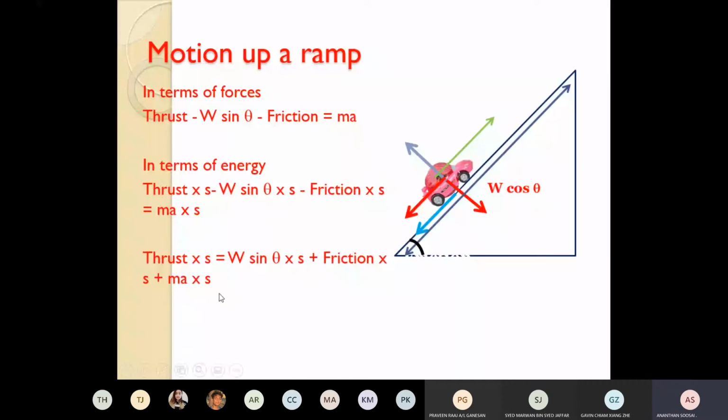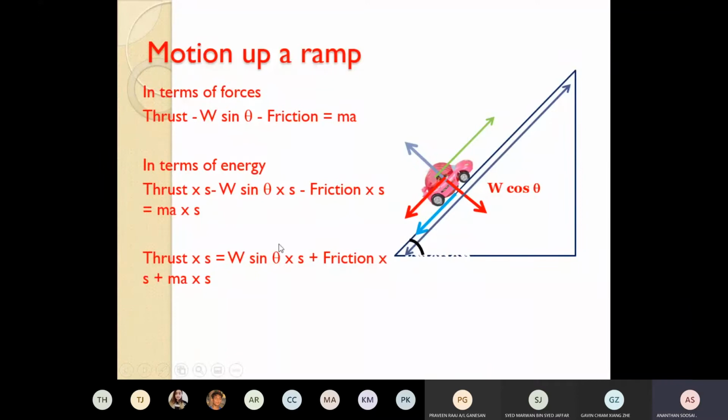There is an important thing you have to clarify here. Whatever work is done by the thrust, let's say the car engine in this case, the work done by the engine, which is the input, tends to change into what type of energy towards the end? It changes to potential energy.